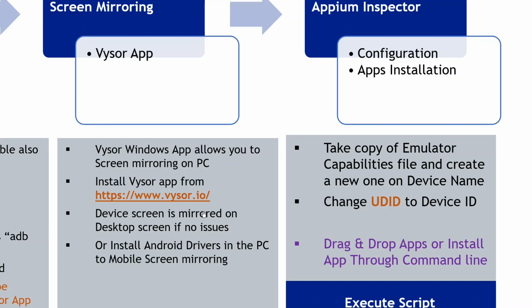You need to copy that ID and put it in the UDID parameter. Physically, you can also see it: the serial number itself is the UDID, available in your device's about information. If you are unable to locate it, you can run adb devices and it will list it out.